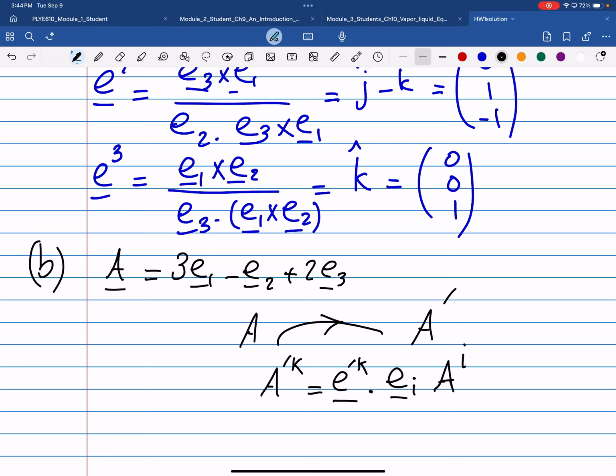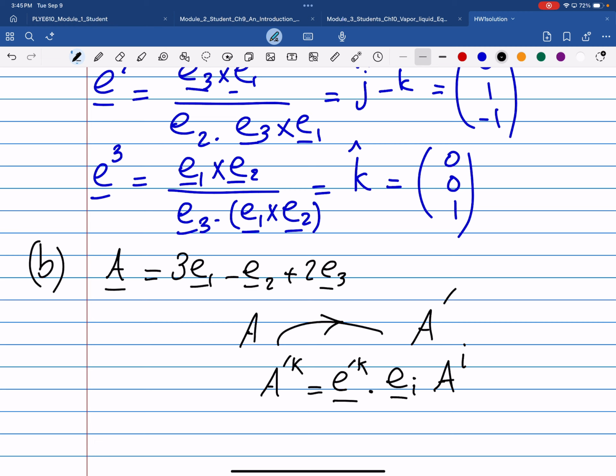The basis vector that you have over there is E prime K. Remember? So what is that? That is not the reciprocal of your original frame. That is the reciprocal of your transformed coordinates.